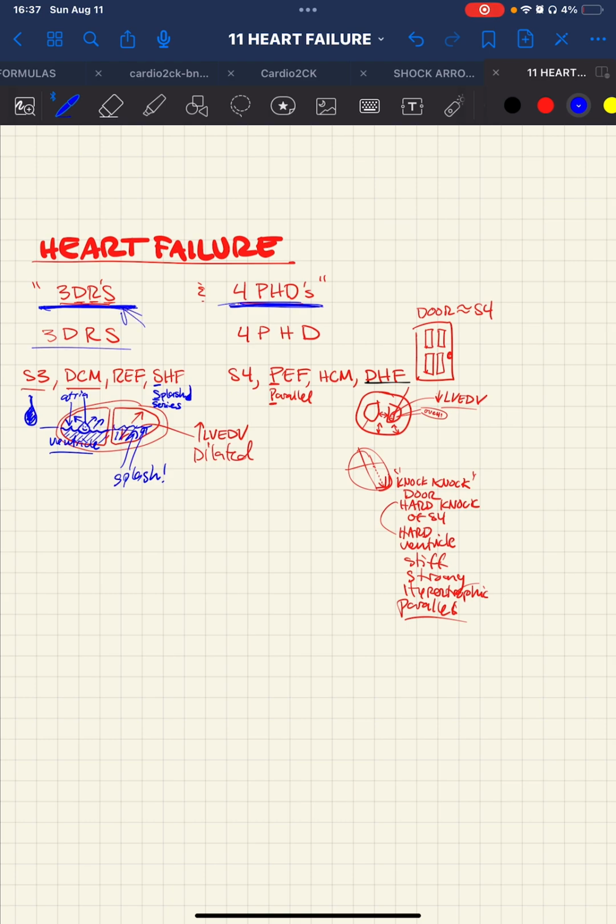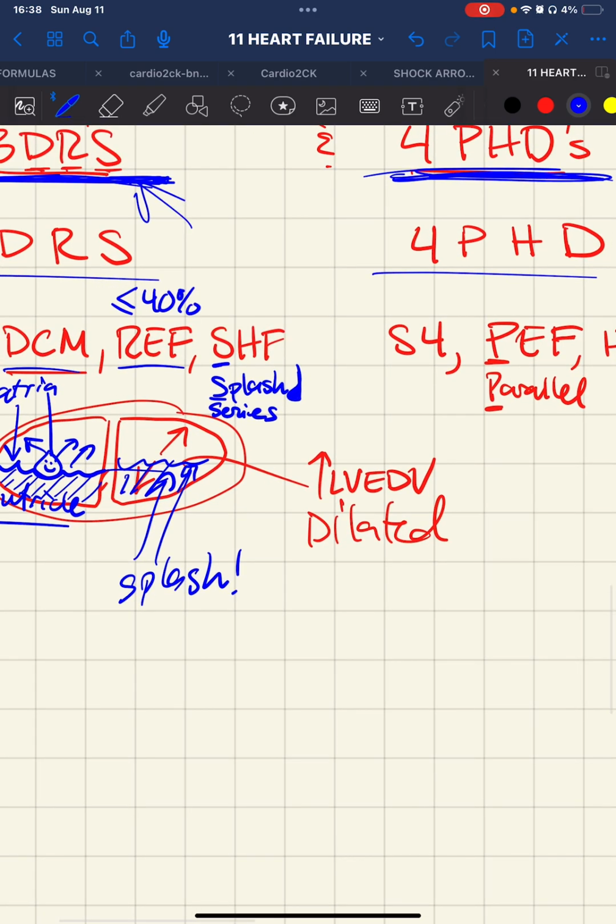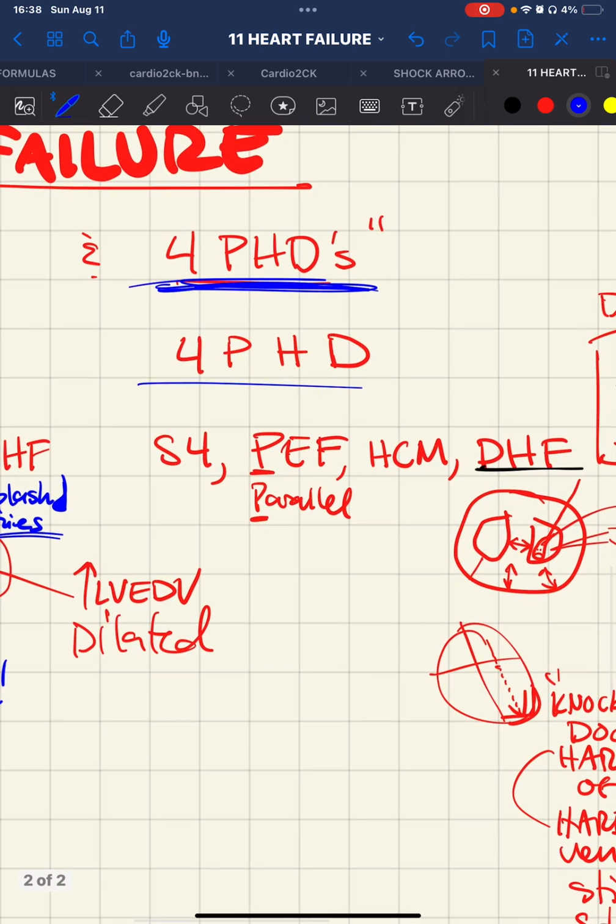So we have 3 doctors, 4 PhDs. So you can see S3, dilated cardiomyopathy, reduced ejection fraction, systolic heart failure, splash, and then cells added in series. Whereas we have 4 PhDs to remember S4, preserved ejection fraction, hypertrophic cardiomyopathy, and diastolic heart failure.